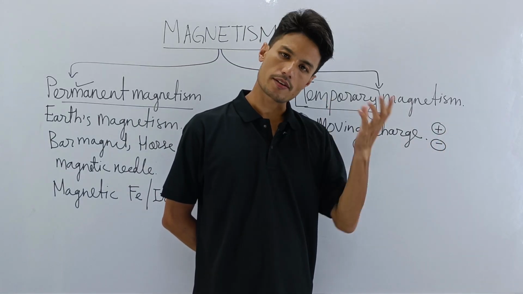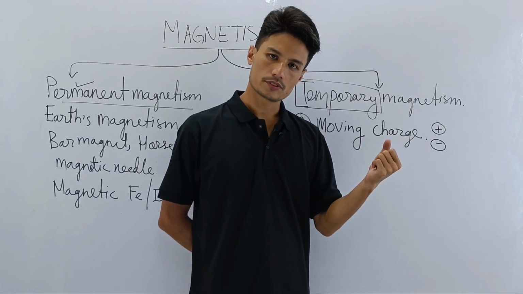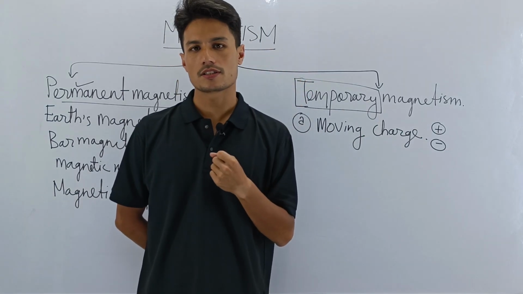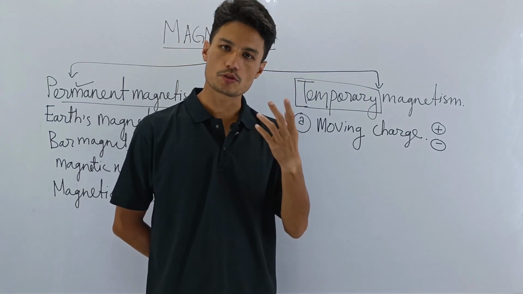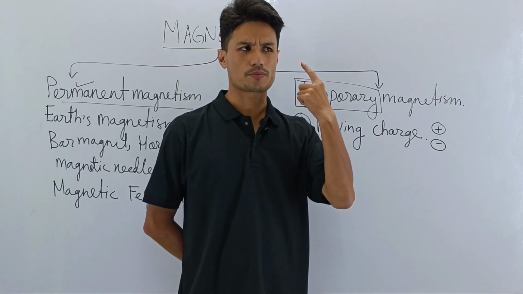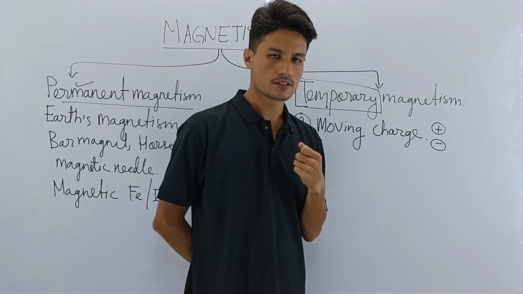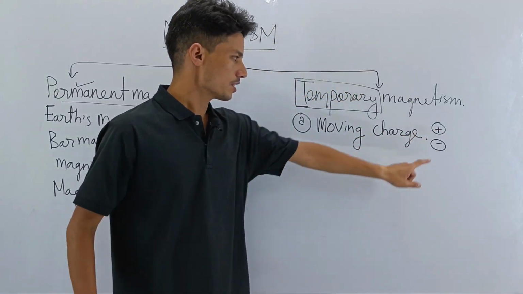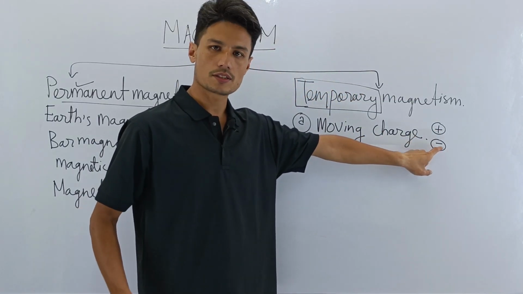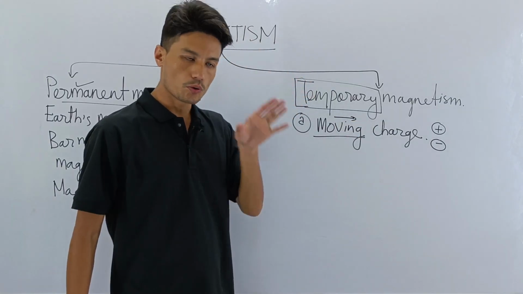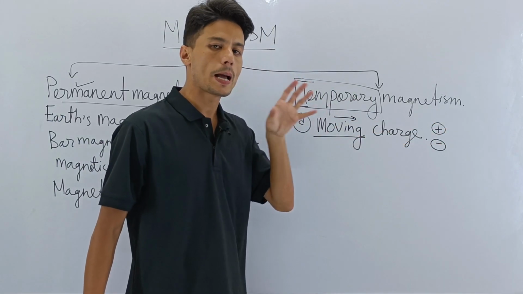Negative charge is carried by who? My dear students, can anybody tell me who gives the negative charge? Yes, you are absolutely correct. It is given by the electron. We have learned this in the previous chapter, electricity. So a moving charge. Now these are two charges, but look at what I wrote. Moving. They have to move. Only a moving charge will produce magnetism.